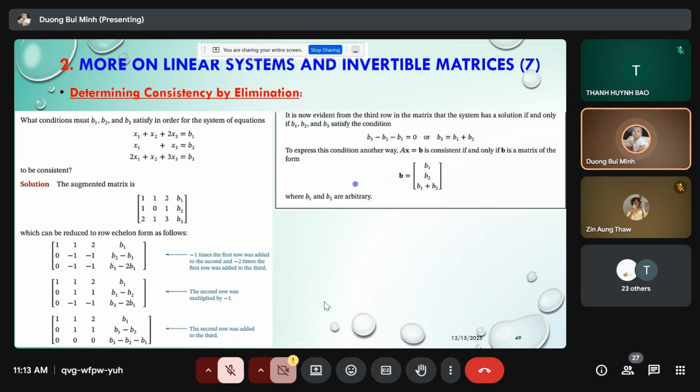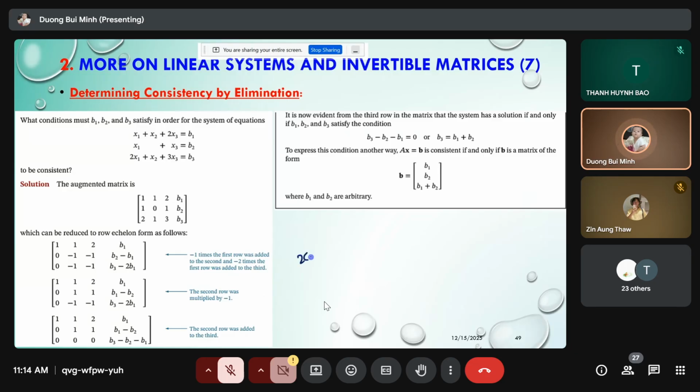So we determine the consistency by elimination, but let's just observe some special cases. For example, this one. We don't have a leading entry for the last row, so that means we have many solutions.